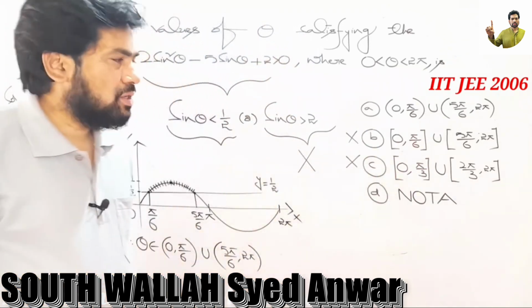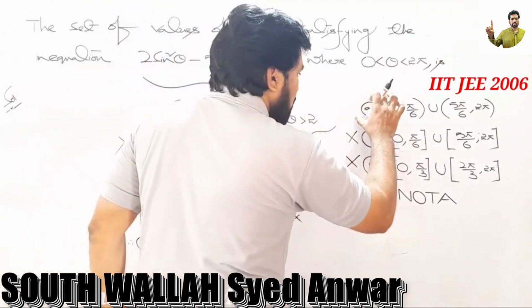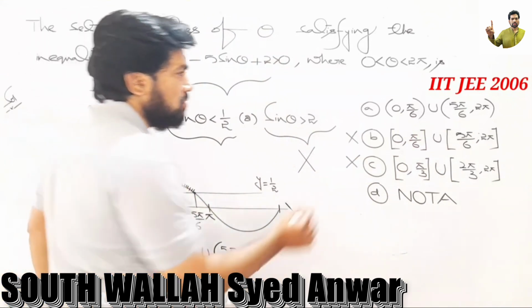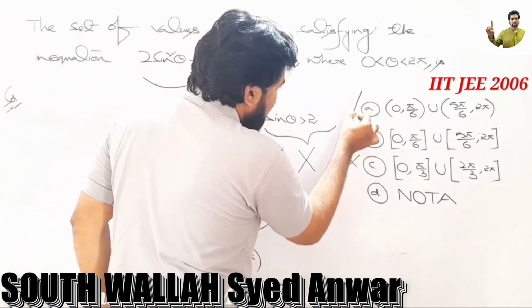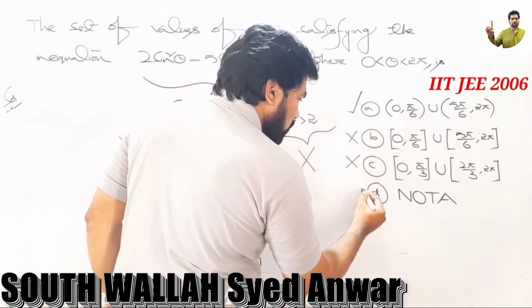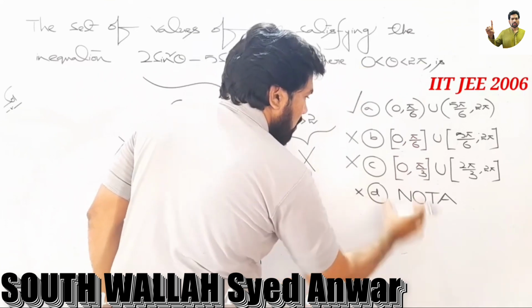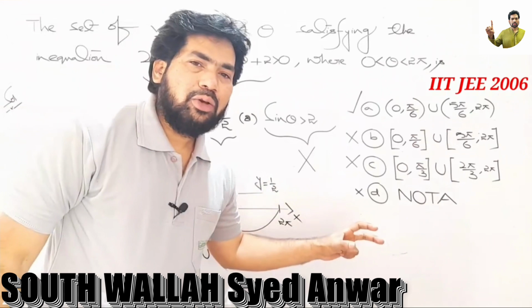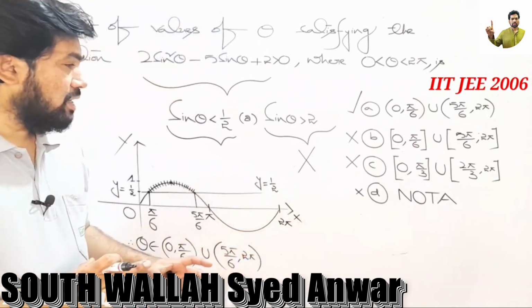We can eliminate them. Now for the confirmation we have drawn the graph. So our answer is available in option A. Here nota means none of the above. We can cross out the last option which is nota. So I hope that you have understood this question very clearly.